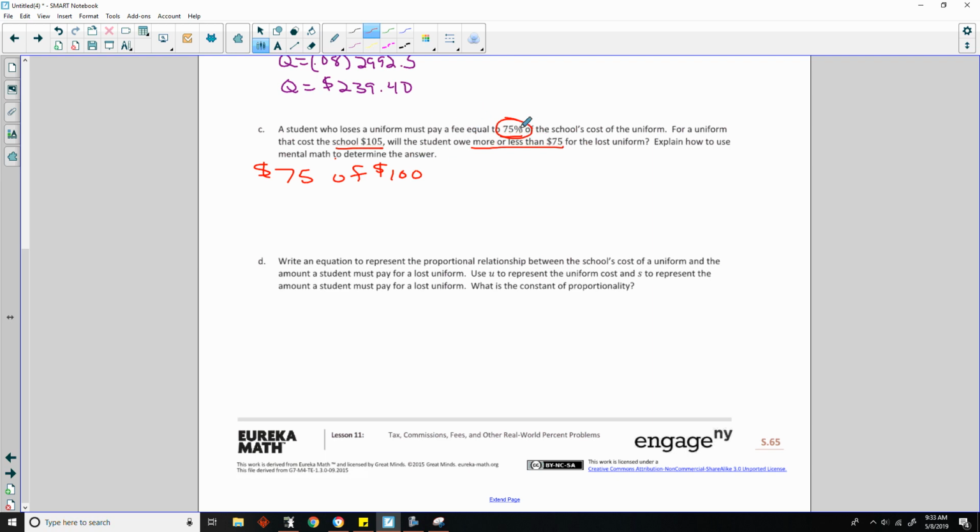Okay, so it says, will the student owe more or less than $75? Well, the uniform is $105. So if $75 is 75% of 100, then it would have to be more than $75 because we have $105. Because we're going to take another 75% of $5, which would put it over 100. So the student will owe more than $75.